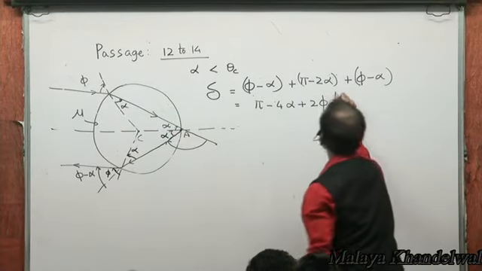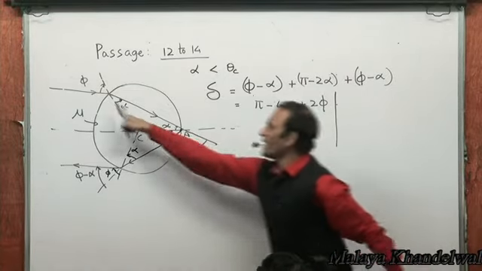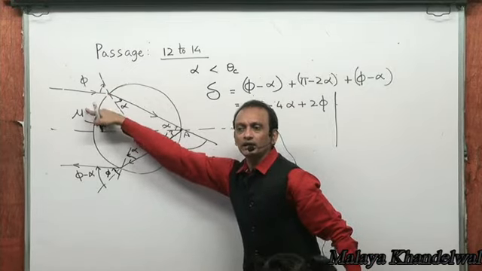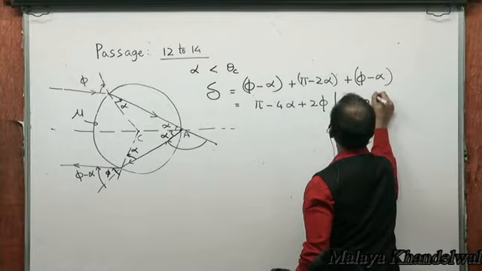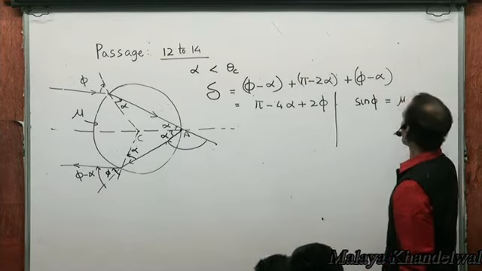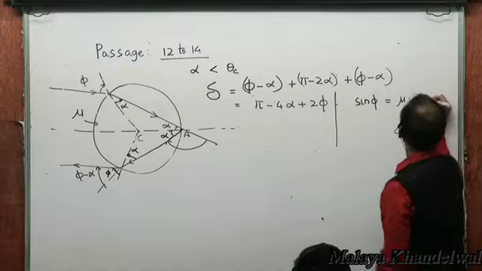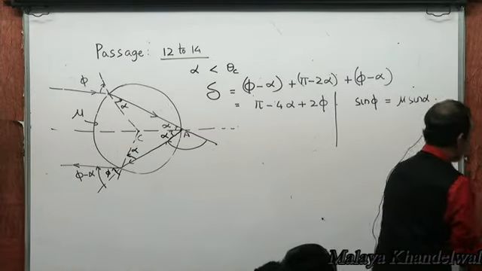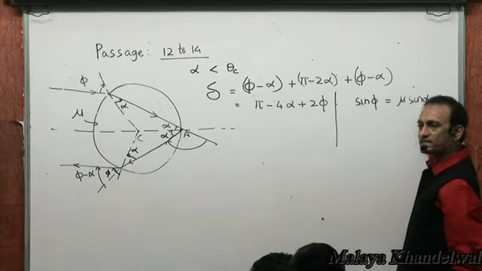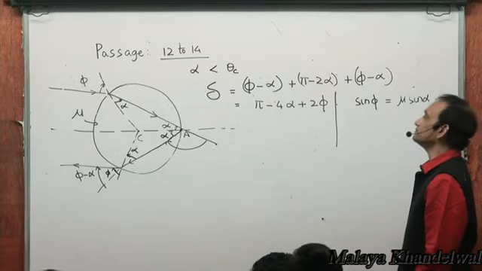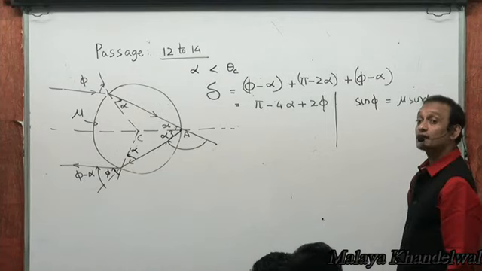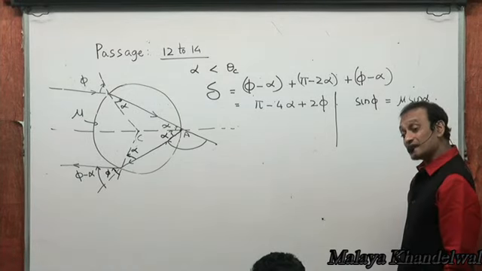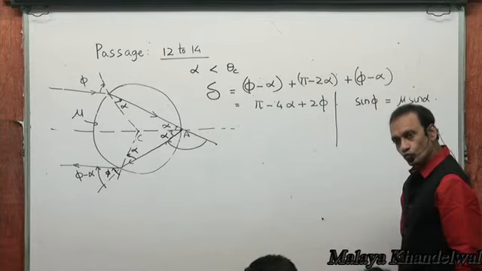Now, if I apply Snell's law at this point, 1 into sine phi is mu into sine alpha. Right? Now, for delta to be delta min, d delta by d phi must be 0.